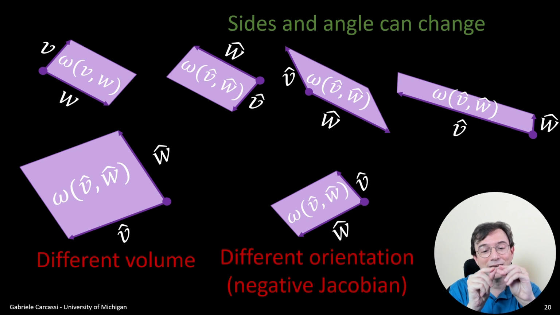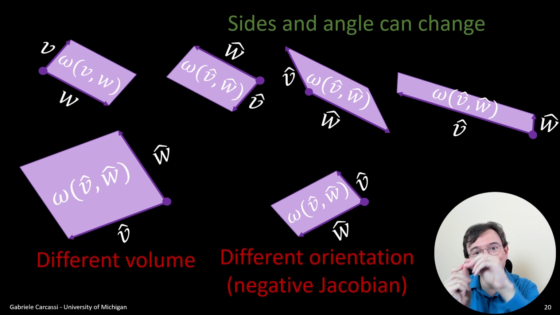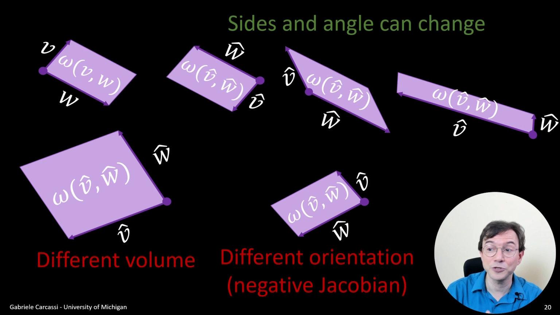So if you imagine two little vectors moving around, they can do many things except that they can't change the area, they can't change the volume, so they can't both become bigger and keep the same angle. And they can't change orientation, they can't flip around, because that would have a negative Jacobian, and the Jacobian has to be positive in a continuous transformation. Okay, so this gives us a sense of what's happening.